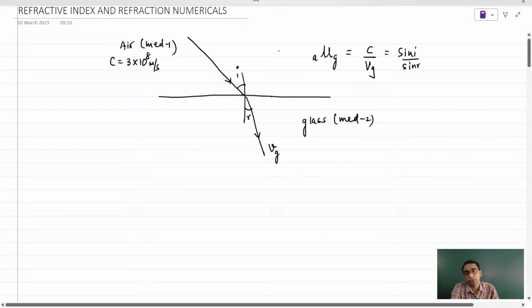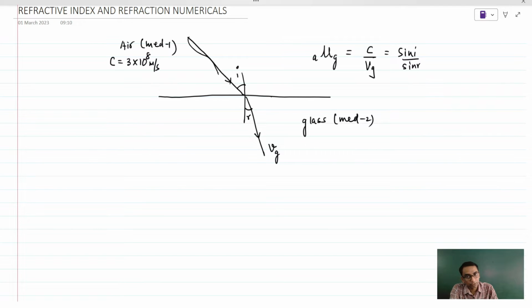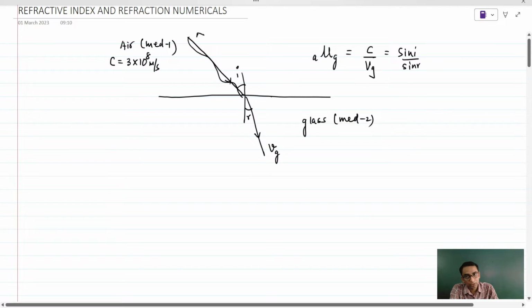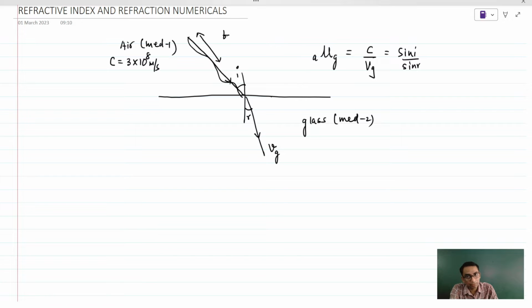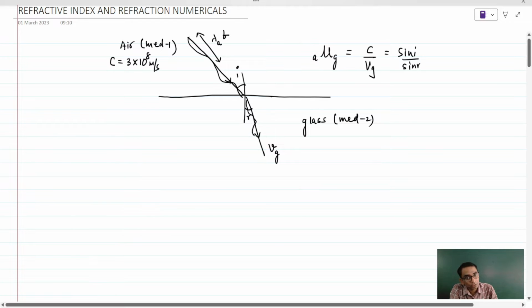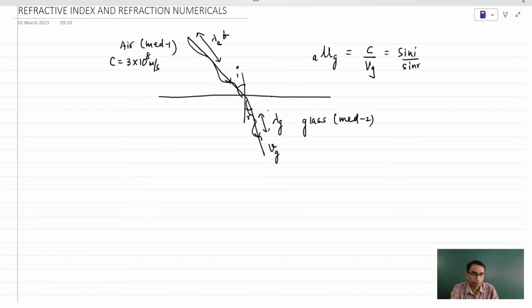Now I would like to make a point over here that the frequency of this light, because these lights are anyhow waves, so the frequency is f, and the wavelength in air is lambda a. Now when this ray of light goes inside the glass, in the denser medium the speed decreases, the wavelength decreases. So now the new wavelength over here is, say for example, lambda g, correct?